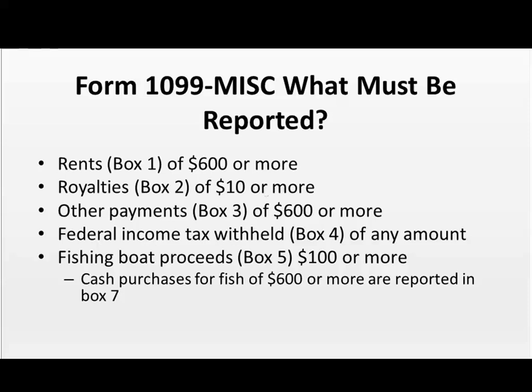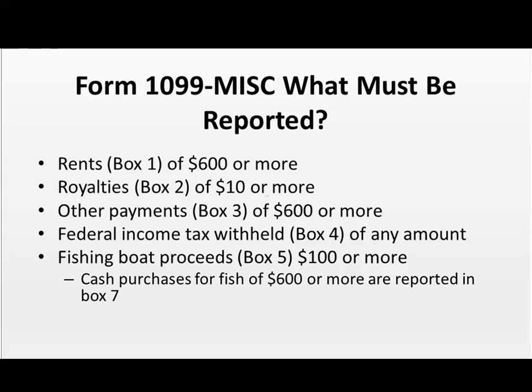Also, the $600 amount has eroded considerably since 1960. So that dollar amount has come down quite a bit in terms of the real threshold that's involved. Royalties in Box 2, copyrights and patents and things of that sort, $10 or more. Other payments in Box 3, $600 or more.